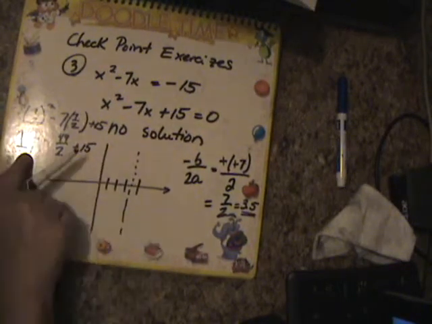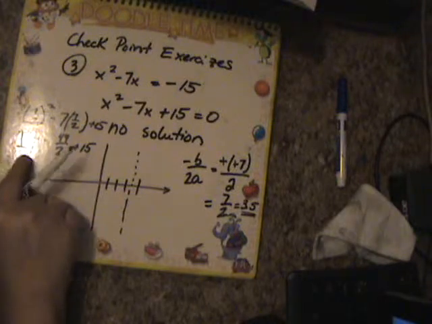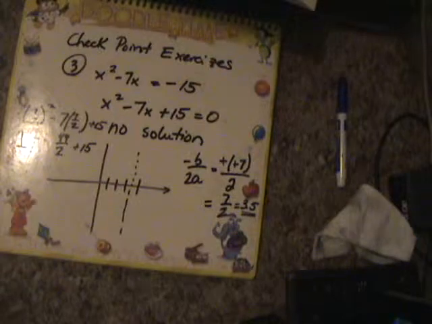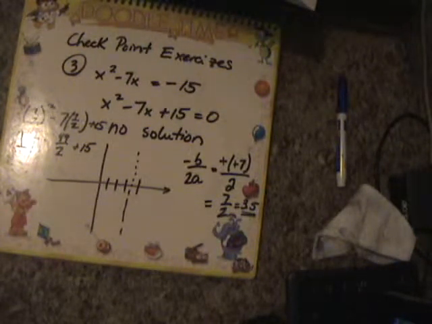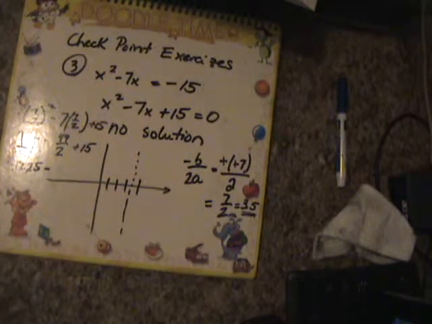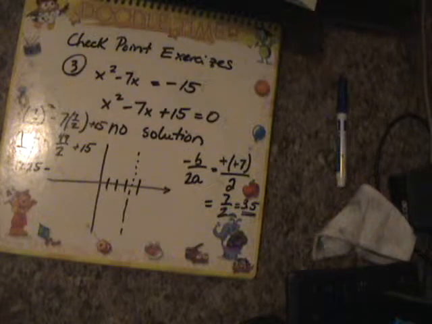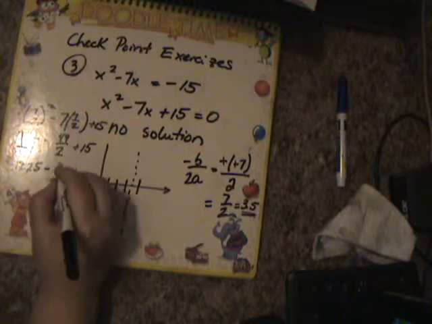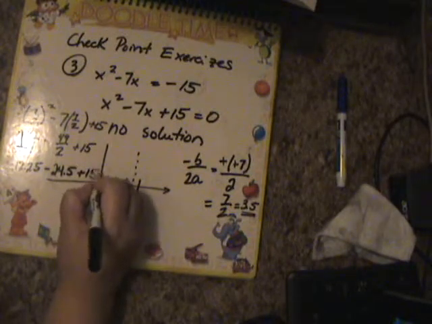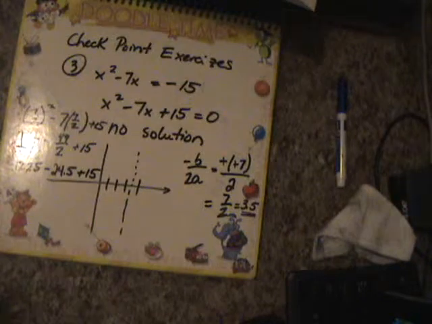At this point, it'd probably be easier to just convert to decimals. 49/4 won't end up with repeating decimals. So 49 divided by 4 is 12.25, minus 49 divided by 2, which is 24.5, plus 15.